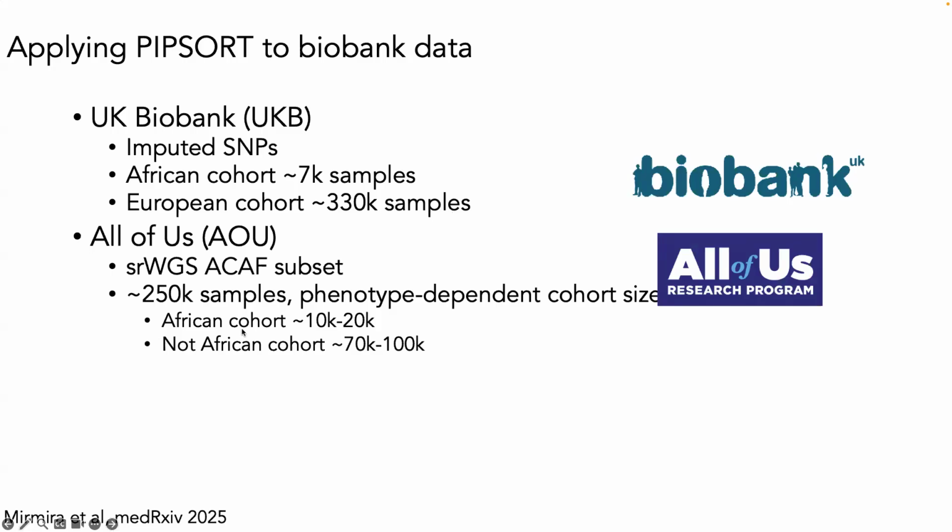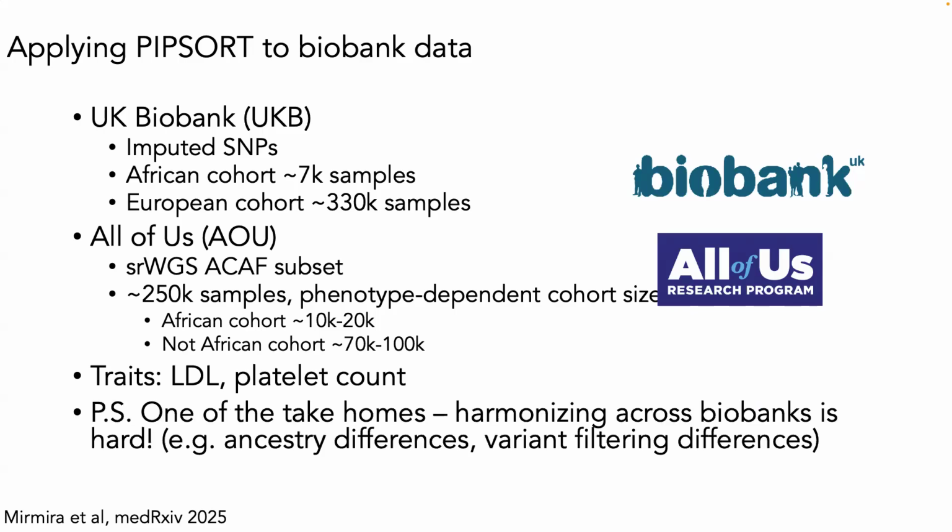There we looked at an African versus not African cohort because we found that we had more power if we just grouped all the non-African samples together. But it's important to note that the African cohort in All of Us is quite a bit bigger, about 3 times bigger than what we have in the UK Biobank. And then we applied PipSort to two different traits in this case, LDL cholesterol and platelet count. We've now run it on other blood counts, blood traits as well.